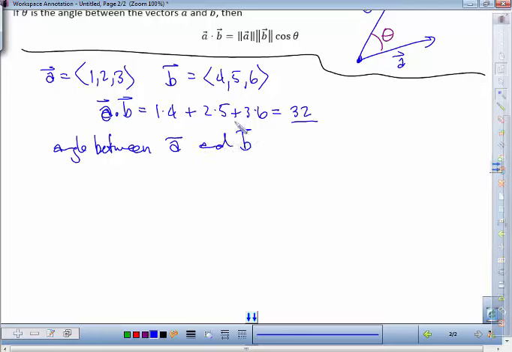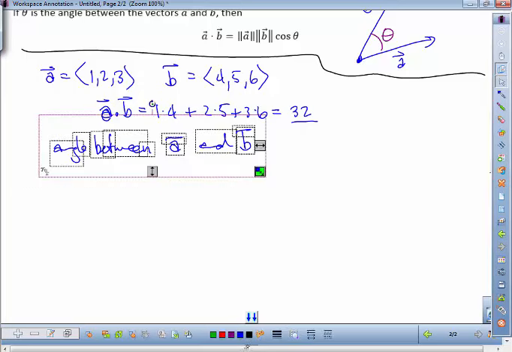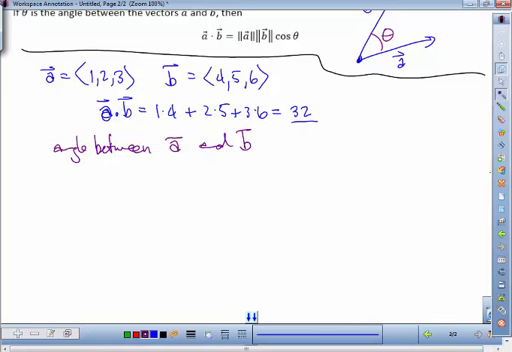If we're interested in finding the angle between them, maybe I should do this in a different color. So maybe the angle between them is, I don't know what it is.